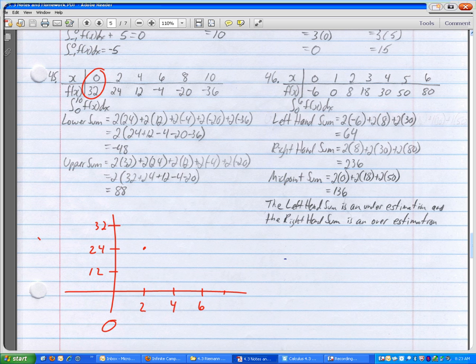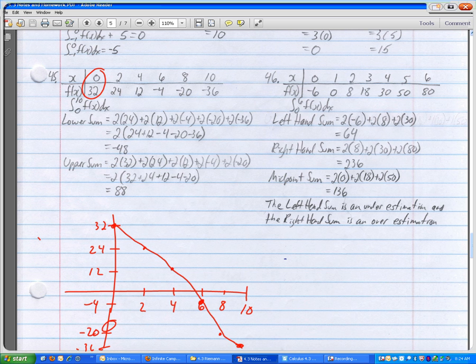Put that there. 8, -20. And 10, -36. All right, obviously not to scale.